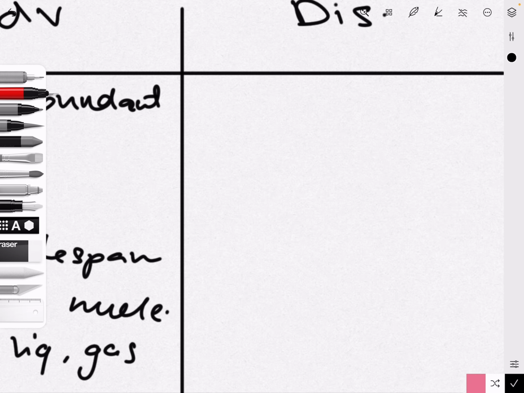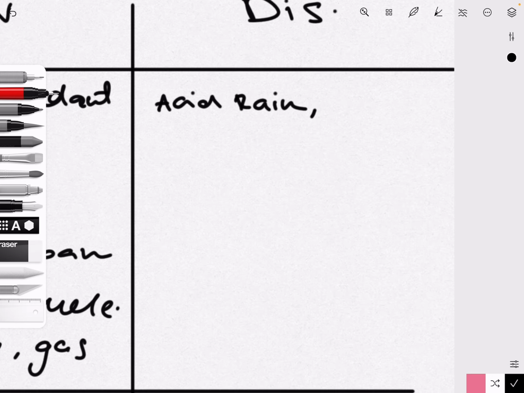So let's write that down, acid rain. Next up, as we know, combustion of any hydrocarbon will result in carbon dioxide in the atmosphere, leading to global warming. We'll look a little bit more into detail into this after our comparison.